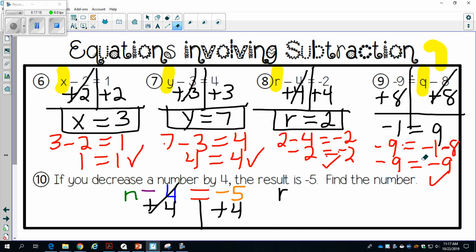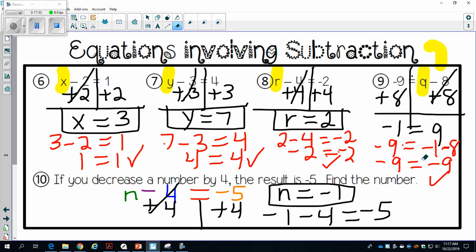So n is equal to negative 1. That's my solution. Now I'm going to plug it in to my equation. So negative 1 minus 4 is negative 5. And if I put that into my calculator, I can see that negative 5 is equal to negative 5. It checks.